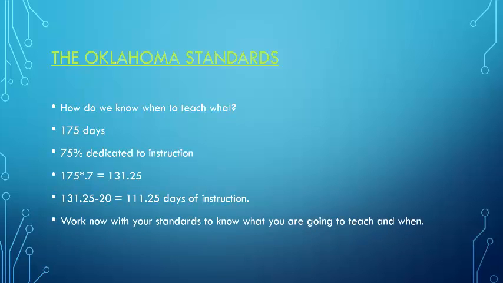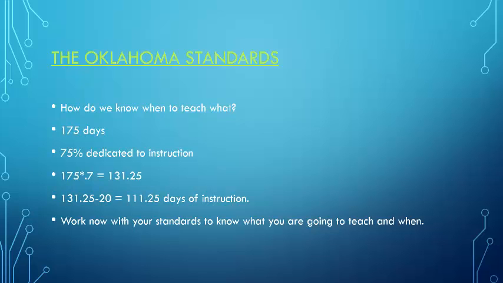So now work with your standards to know what you're going to teach and when. This is going to be the first part of your assignment that is due Friday. I want you to figure out how many days you're going to dedicate to each unit that you decide, whether it's an objective or whatever.